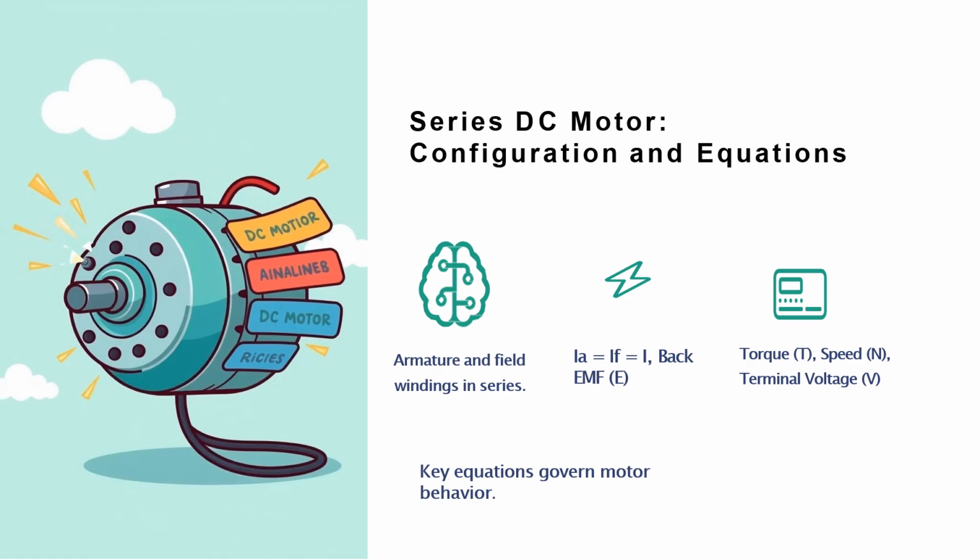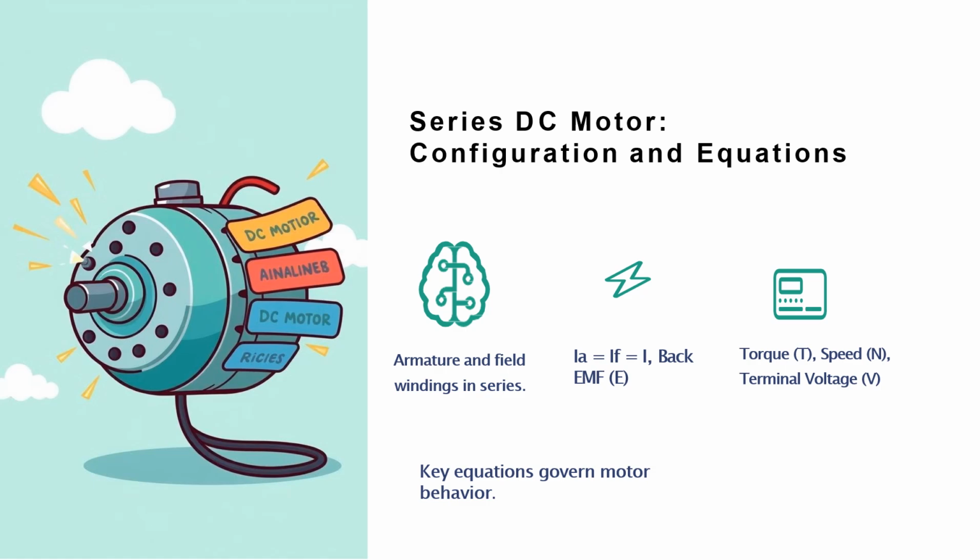Now, what is the speed equation? The speed equation is given by N is equal to (V minus I into (Ra plus Rs)) divided by Ks I. Here Ra is the armature resistance and Rs is the series field resistance.